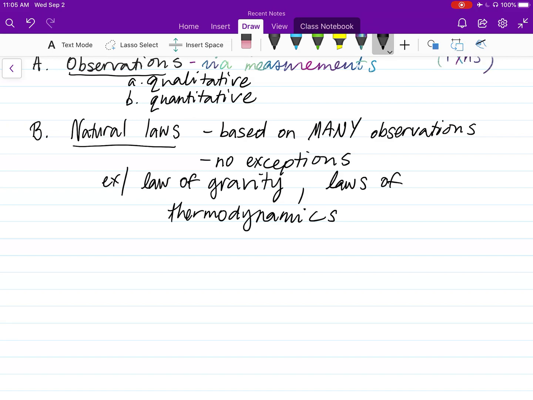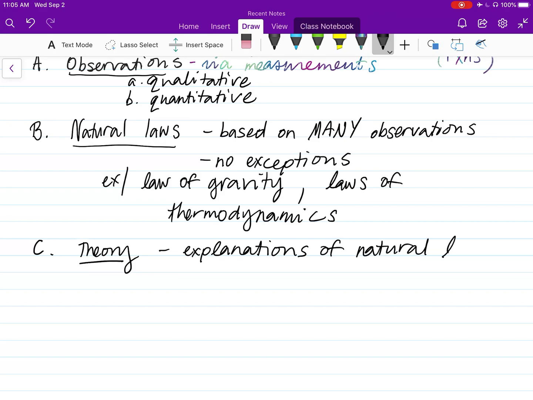You want to try to explain the natural laws. And in order to do that, scientists theorize. So, theories are just explanations that scientists devise to explain what's observed in nature. So theories can change.